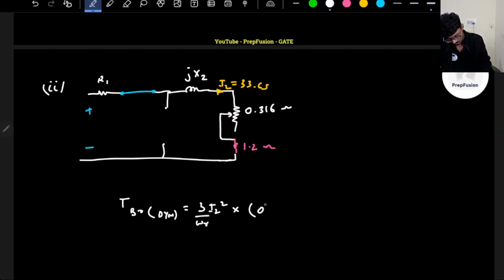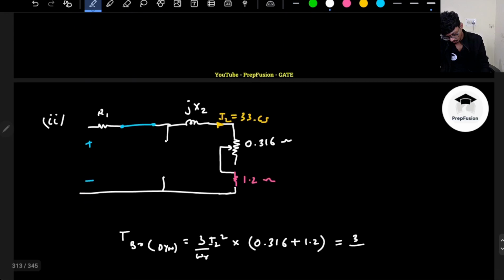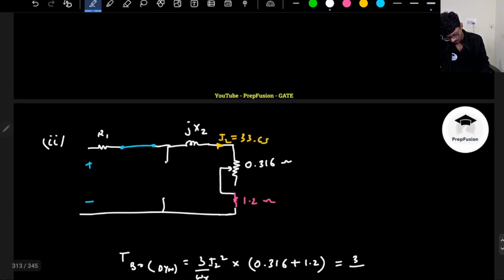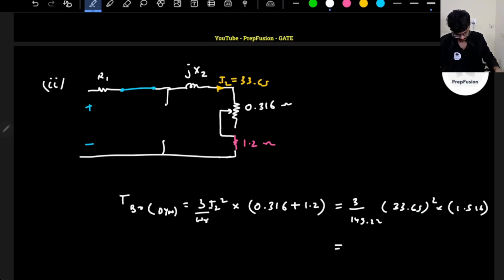So this will be 3 by omega r, where omega r is 149.22, I2 is 33.65 whole square, into this resistance 1.516. So the torque due to the braking will become about 5 times, it will increase basically.